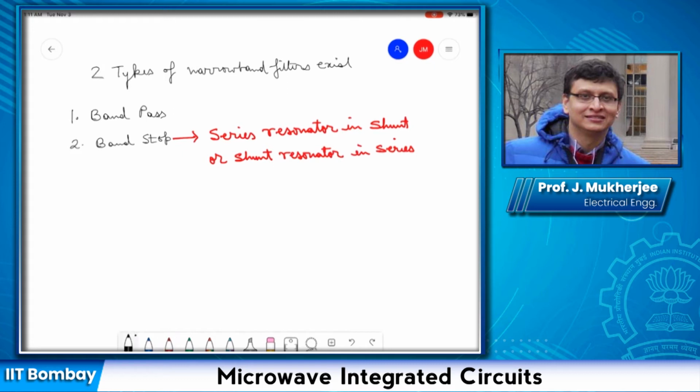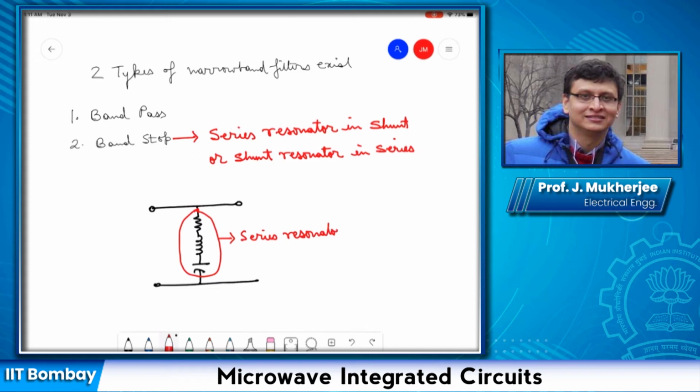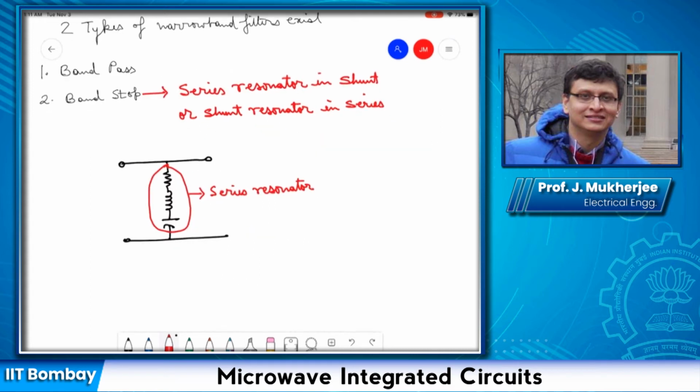Suppose we have a circuit like this. So this is a series resonator, right? But it is a shunt. Shunt because this is connected in parallel, isn't it? So this is a band stop filter.